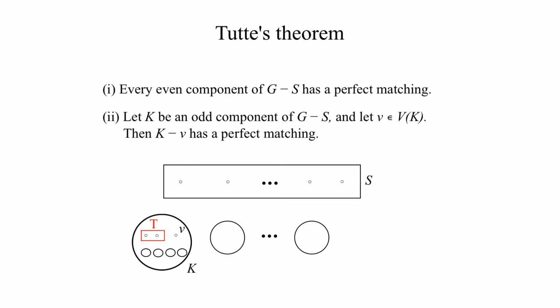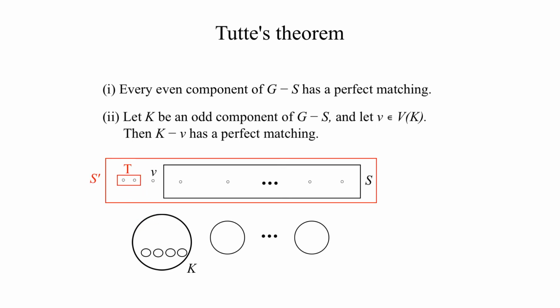By induction, K minus V has a Tutte set T. Since K minus V has even cardinality, the deficiency of T is at least 2 in K minus V. Let S prime be the set formed by the union of S, T, and V. Since every component of K minus V minus T is also a component of G minus S prime, we have that the deficiency of S prime is at least the deficiency of S, while Cs prime is smaller than Cs. This contradicts the choice of S. Thus, this second property also holds.